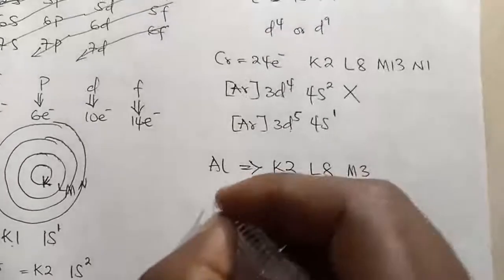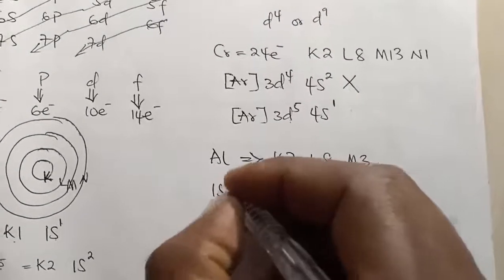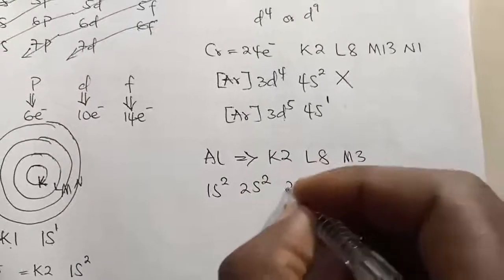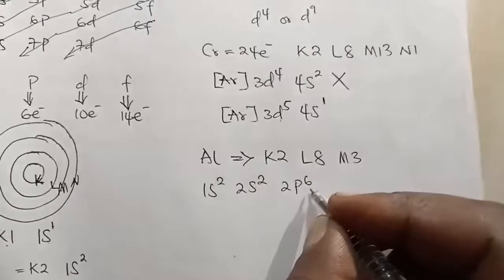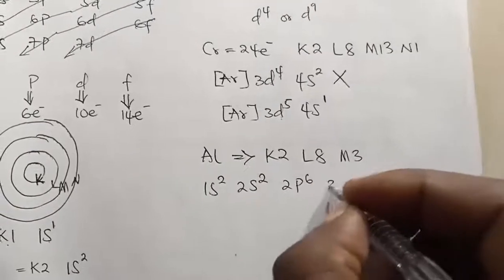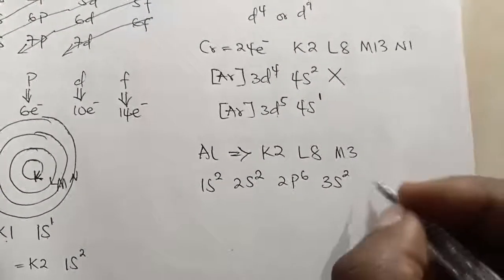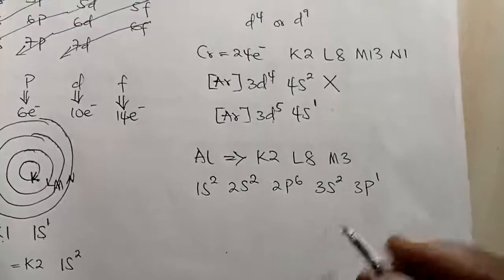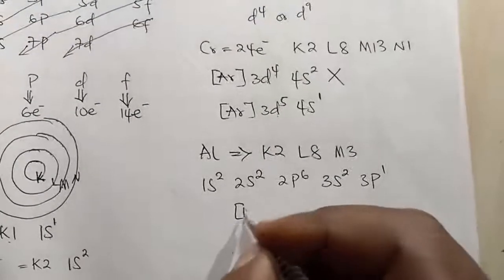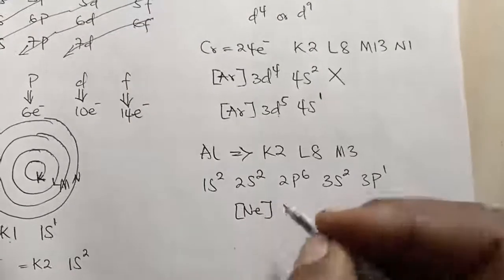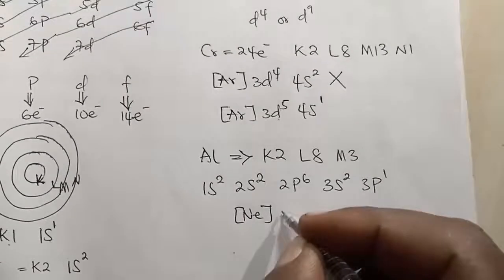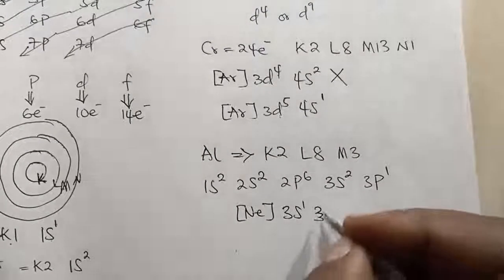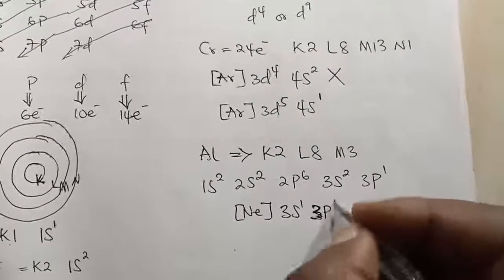Then if we want to write it electronically, we have 1s2, 2s2, and also 2p6. 10 is already gone, remaining 3. So 3s takes 2, remaining 1. So that one goes to 3p1. Or you can write it as neon, which takes 10. So you now have 3s2 and then 3p1.